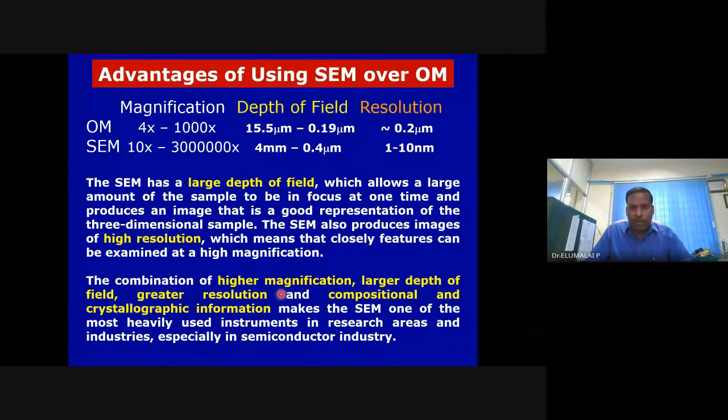Higher magnification is possible, and a larger depth of field is possible, in such a way that you'll be able to get not only the topography, you'll also be able to get the chemical composition and the crystallographic information. I tell you, the information that you can get from XRD, you can get much beyond that using an electron microscope.